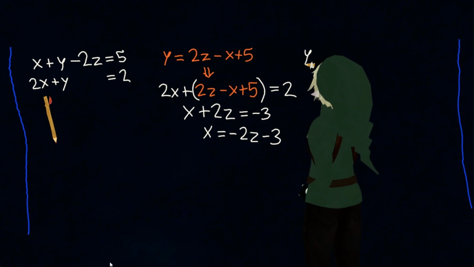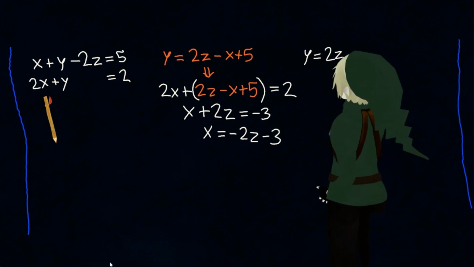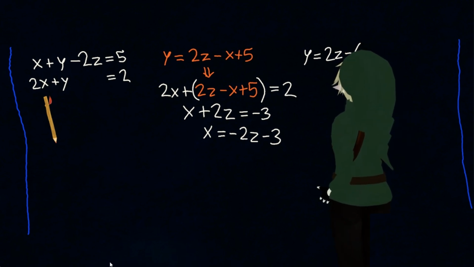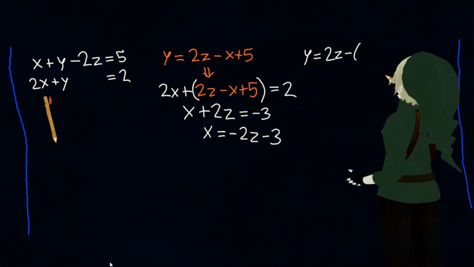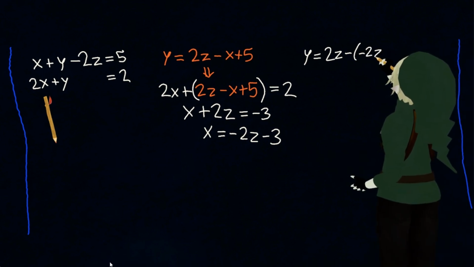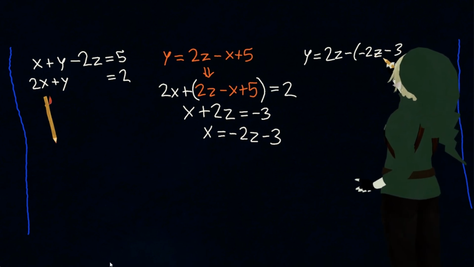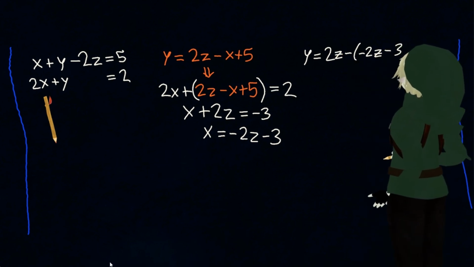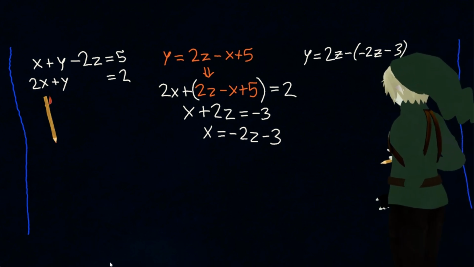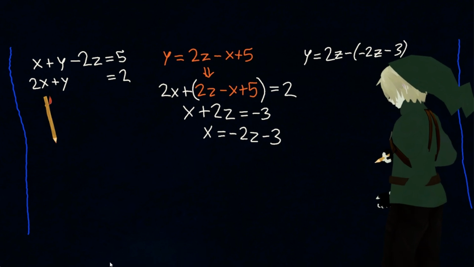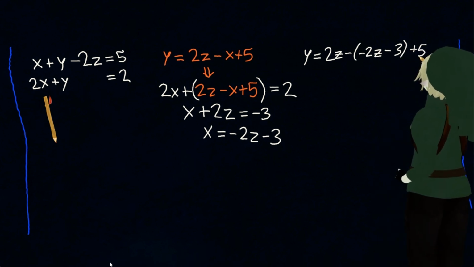So y is equal to 2z minus, we have negative 2z minus 3. Let me write it like this so that you don't get confused which is 2, which is z. I'm probably triggering a lot of mathematicians who are watching this. But, let's see, at negative x plus 5.